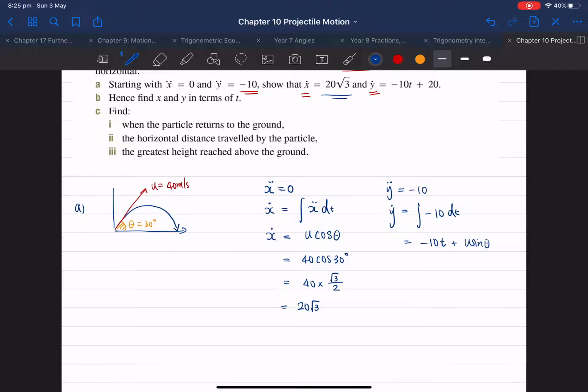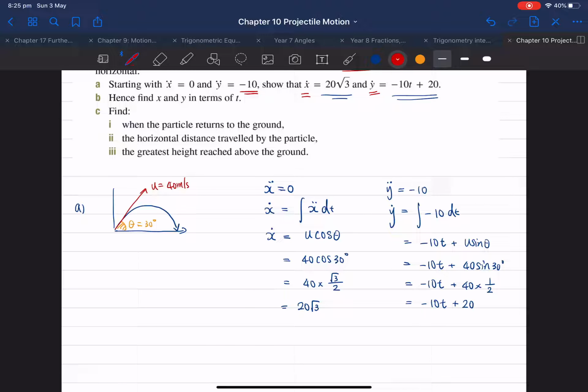All right, so that gives you minus 10t plus u, which is 40 sine 30 degrees. And that becomes minus 10t plus 40 times by half, since sine 30 is equal to half. All right, so that gives you minus 10t plus 20, which is the correct answer. So we just finished and proved the first question here, which is pretty easy.